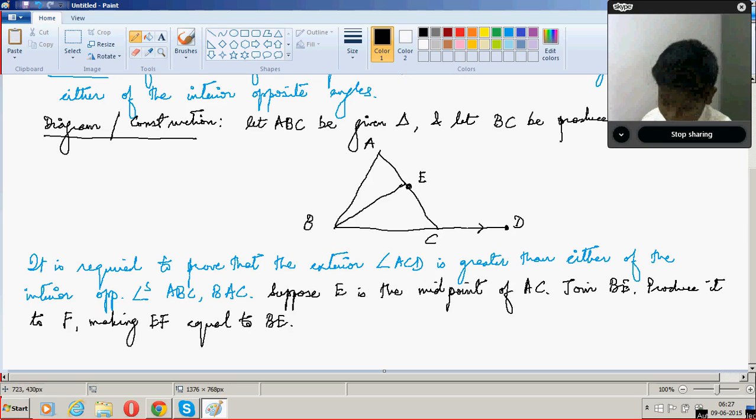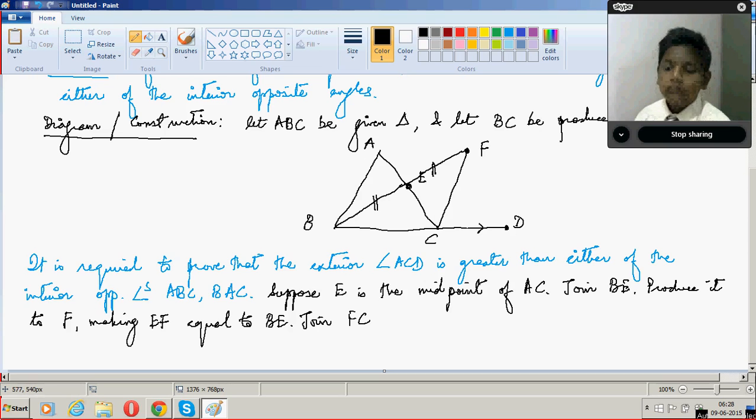Okay, so we produce it further. Call this point as F. Mark these segments BE equal to EF. Then join FC. F and C are joined. Okay, done? Yes, sir.